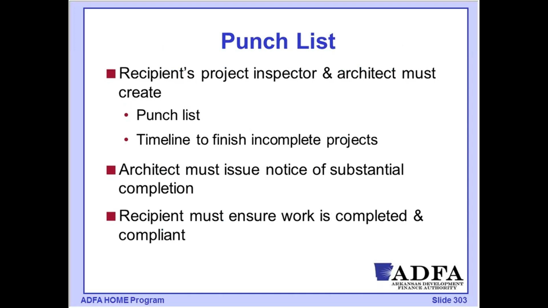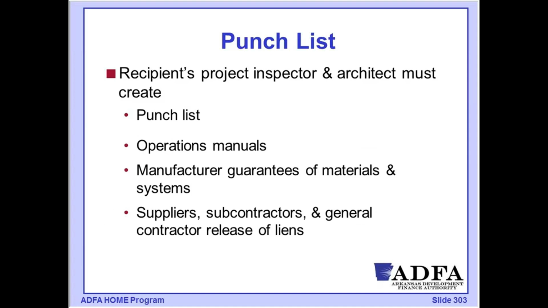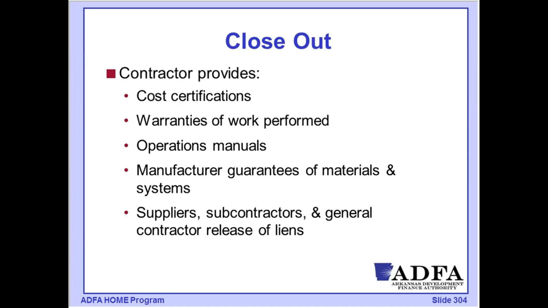If we have an architect on the project, we're going to require them to issue a notice of substantial completion. The recipient then needs to oversee this, making sure that the work has been completed and that the project is now compliant, and that's when they would notify ADFA that the project is ready for the final inspection that ADFA would come on site to do.